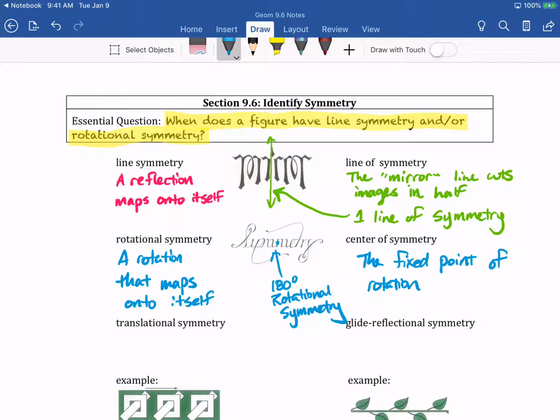Now let's look at translational symmetry. If you remember, another word for translation is a shift. So this is an image that shifts onto itself. We'll look at a couple of examples of that in a moment.